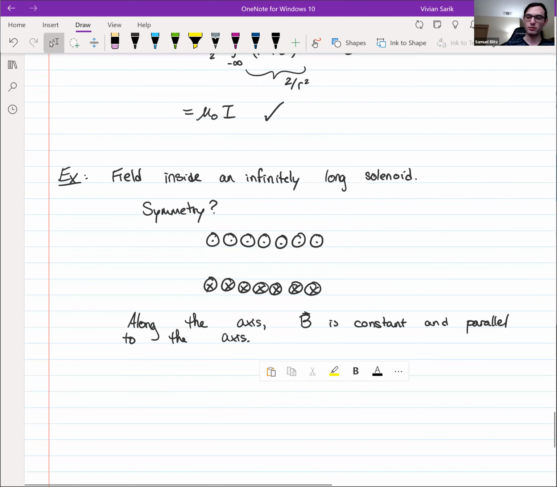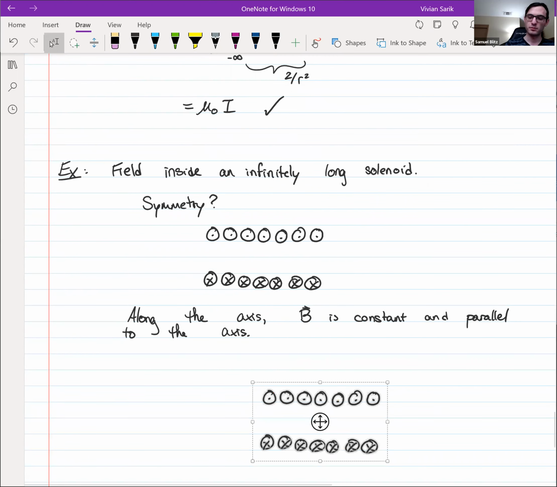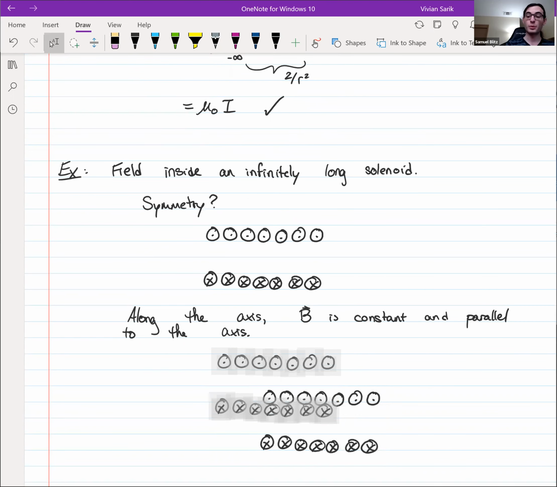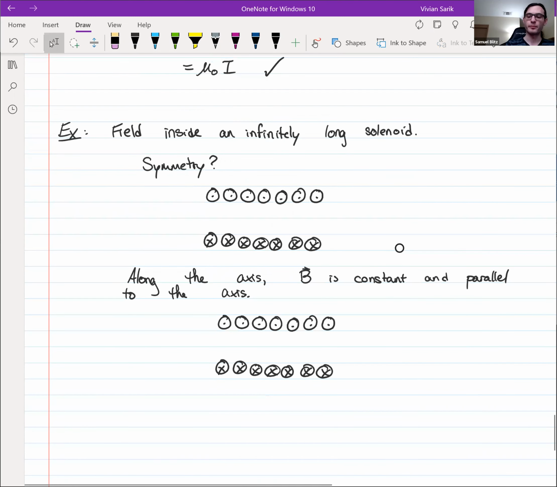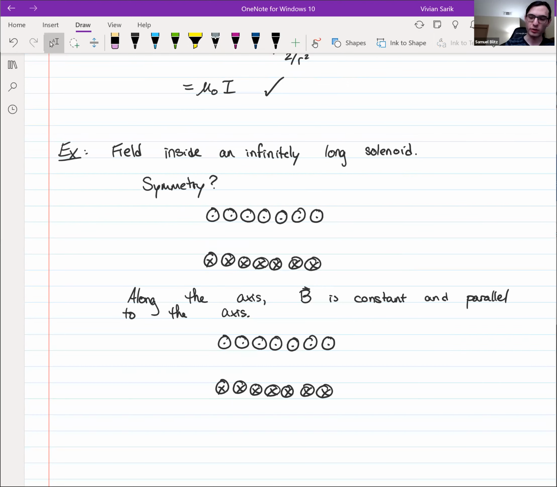Paste it. So we at least know that along the center line, the magnetic field looks like this. Let me use a different color. I'll use purple, which is what I've been using. The magnetic field points in the direction of the axis, and it points to the right. Now, let me just verify for myself. We have current coming out. Yeah, so the magnetic field would point to the right here using the right-hand rule, right?